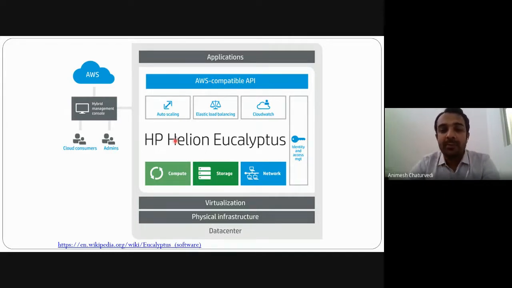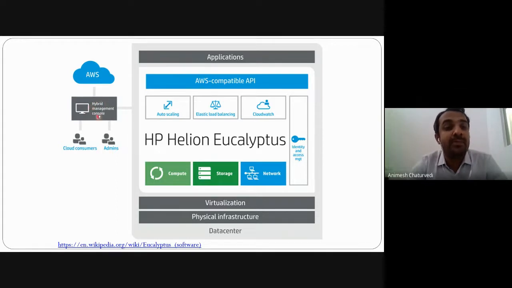On top of all this computation, storage and network, you will have three APIs. What are the three APIs? Auto scaling, elastic load balancing, and CloudWatch. These three APIs are basically communicating with Amazon Web Services. How do they do all these things?